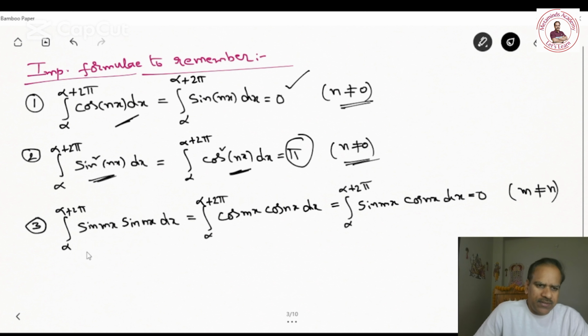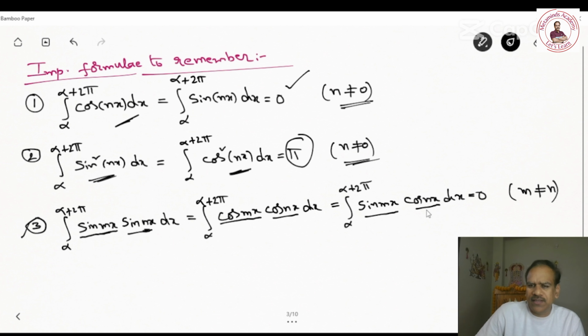Next, coming to these formulas: the integral from alpha to alpha plus 2 pi of sin mx cos nx dx, sin mx sin nx, and cos mx cos nx.